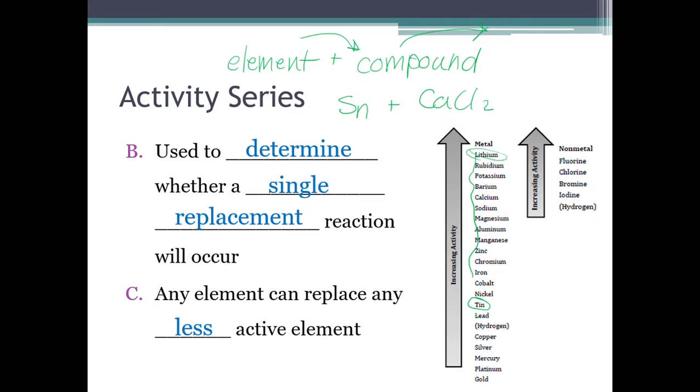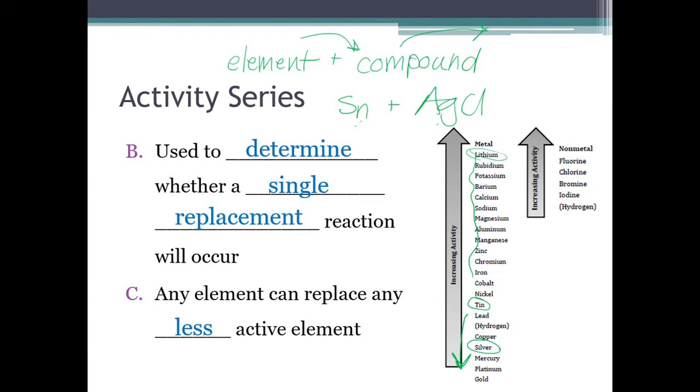So if you have tin as your element trying to replace anything above it, any of these metals up here, so calcium, maybe in calcium chloride, this reaction is not going to happen because tin is low and it can only replace the things below it. Now, if we were looking at something like silver, if we had silver in our compounds, tin can replace silver because tin is higher activity and silver is lower activity.